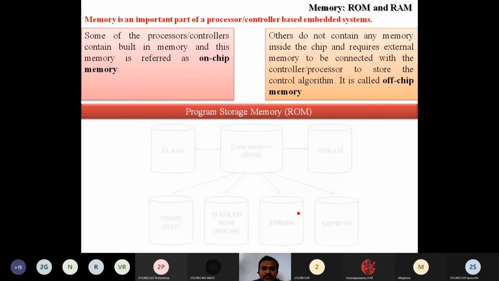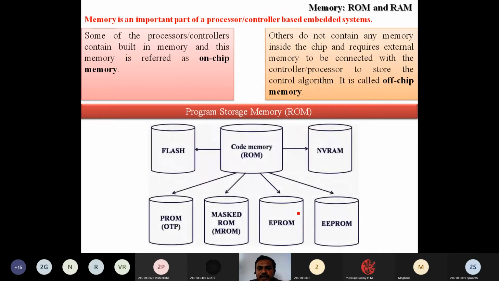So these are the varieties of ROMs we are going to have in an embedded system: NVRAM, flash, masked ROM, EPROM, and EEPROM.